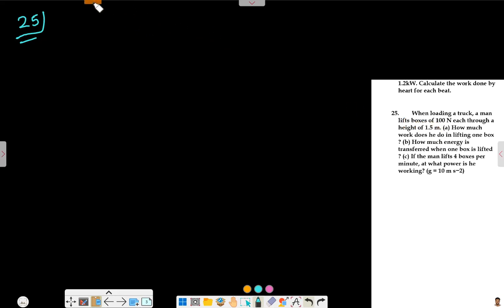Here weight is given, 100 Newton, and we have to get mass in kg. Whenever weight is given in Newton, you have to divide it by value of gravity, or g. Here it is mentioned that you can use g is equal to 10. So mass will be equal to 100 by 10, or 10 kg.